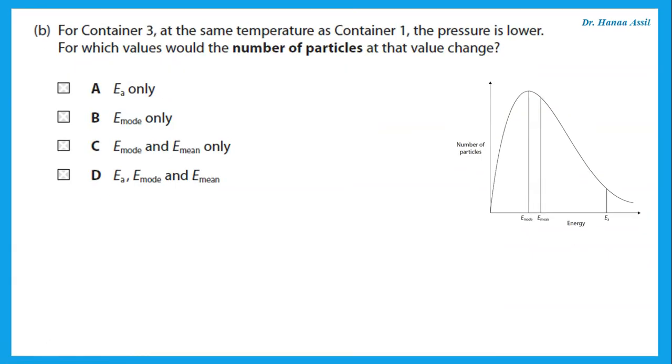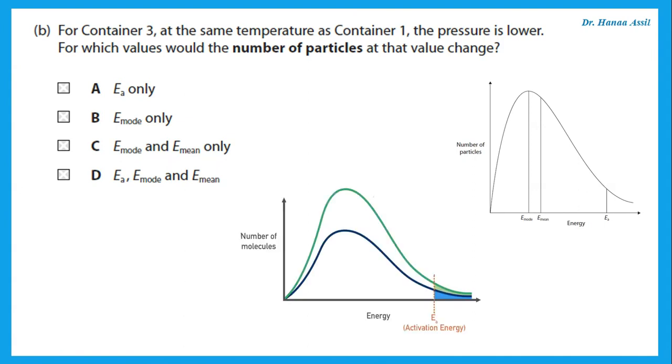For container 3 at the same temperature as container 1, the pressure is lower. For which values would the number of particles at that value change? So, if we have this kind of distribution at a certain pressure, what happens if the pressure is lower? If the pressure is lower, then the particles spread out more.